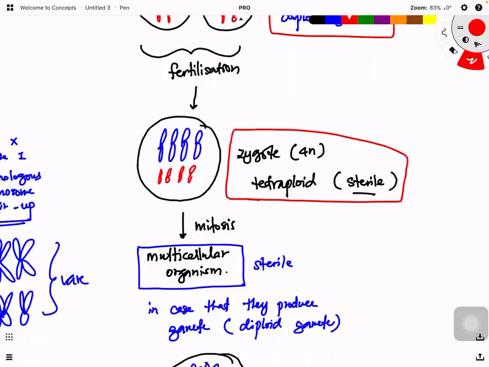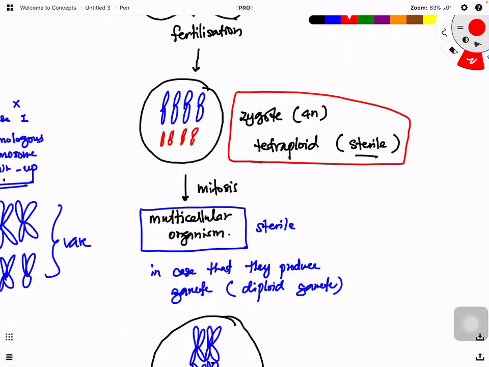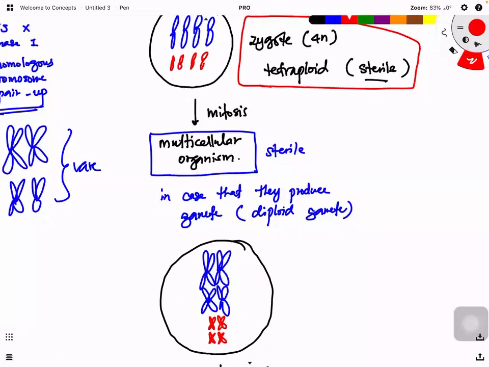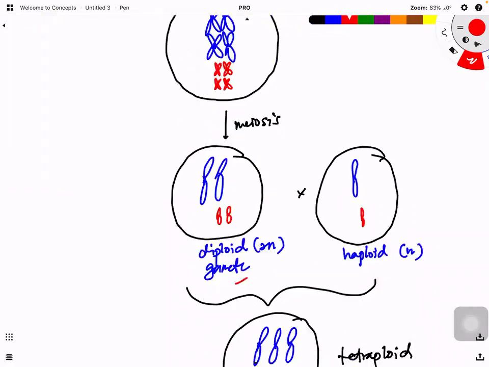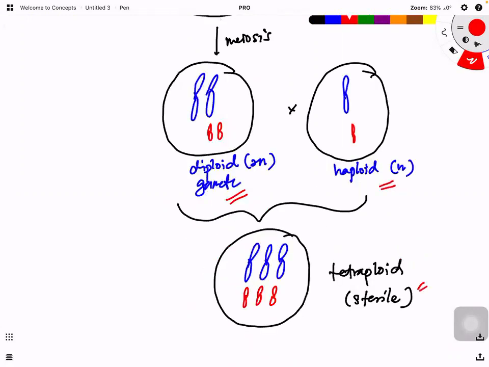They can continue with mitosis, that doesn't matter. But in case they can produce gametes, occasionally, again, they're going to produce diploid gametes. When the diploid gamete fertilizes with the haploid gamete, we're going to get a triploid. So I'm going to introduce you guys to a new term here.